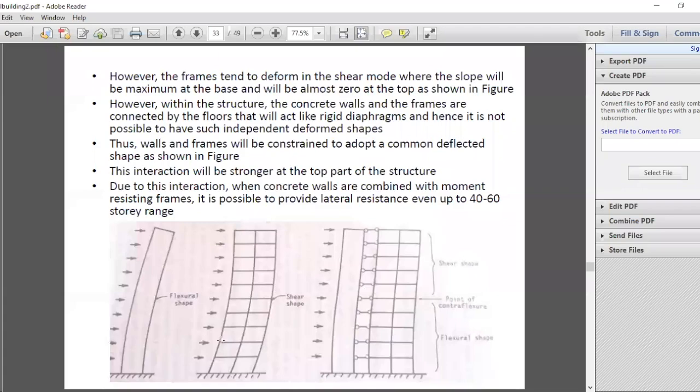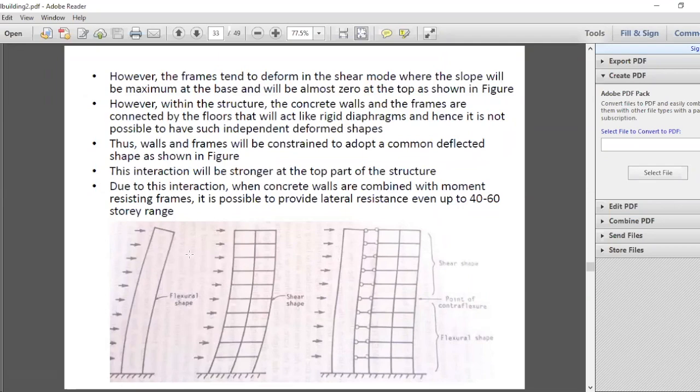So like in the braced frames, we have wall, which is a very strong element, deforming in the cantilever mode or flexural shape. The frame deforming in the shear shape, but they are all linked by the rigid diaphragm or the floor.